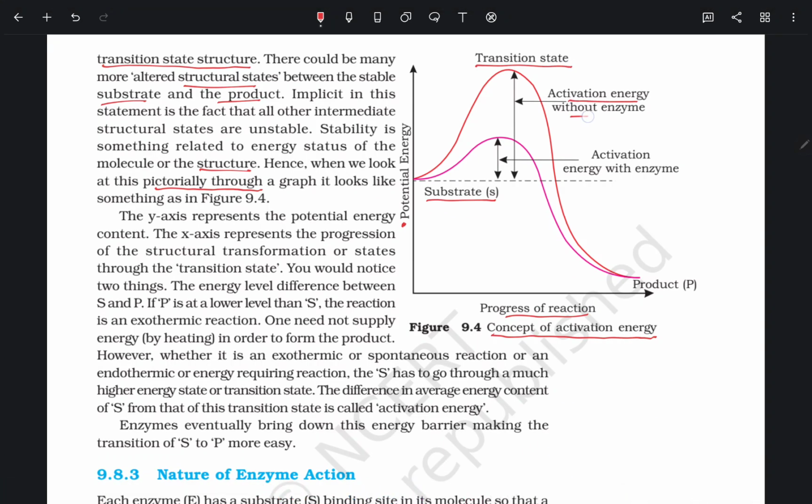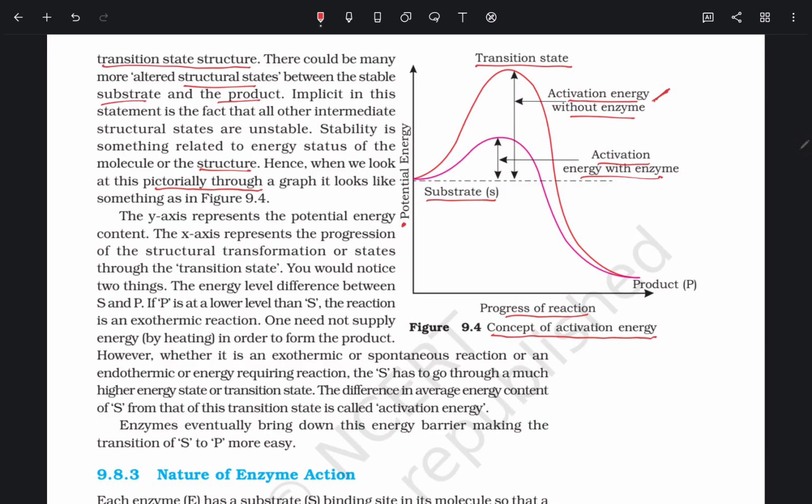Activation energy without enzyme is a high peak. Sorry, activation energy with enzyme. Two states are given: first is activation energy without enzyme and second is with enzyme.